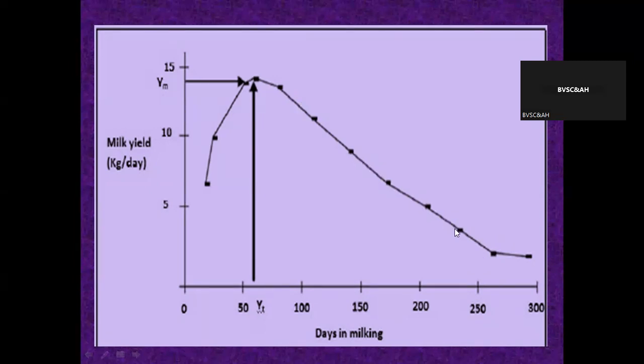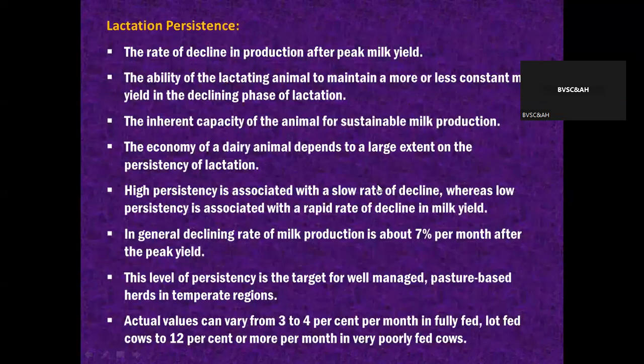If there is a rapid decrease, then there is low milk yield. So this persistency is very, very important in cattle. And if you can improve this persistency, or reduce the decrease in the second phase of the lactation curve, then you are going to increase the milk yield.